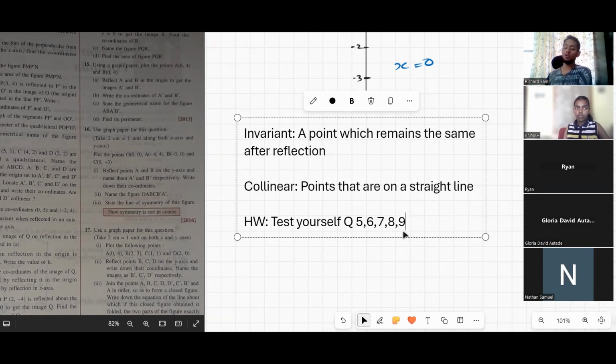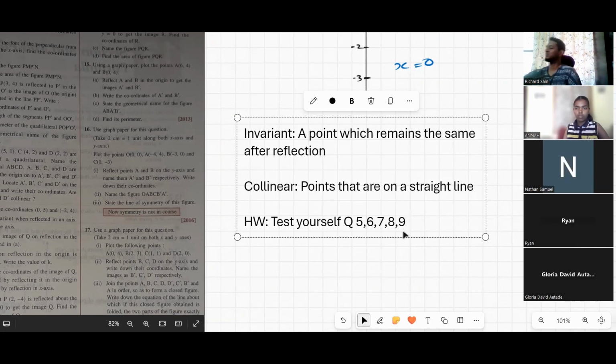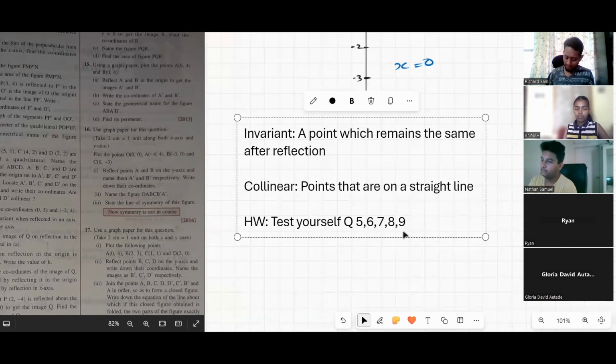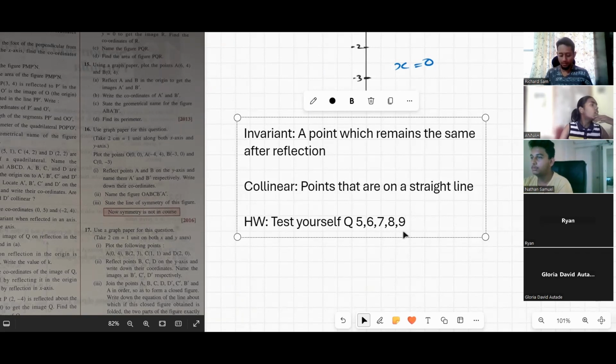So if you don't have a graph book, all of you, buy a graph book. You'll be using it a lot. There are a few chapters where you need the graph book. In this unit, that is coordinate geometry, reflection, the first chapter that we did, needs graph paper.